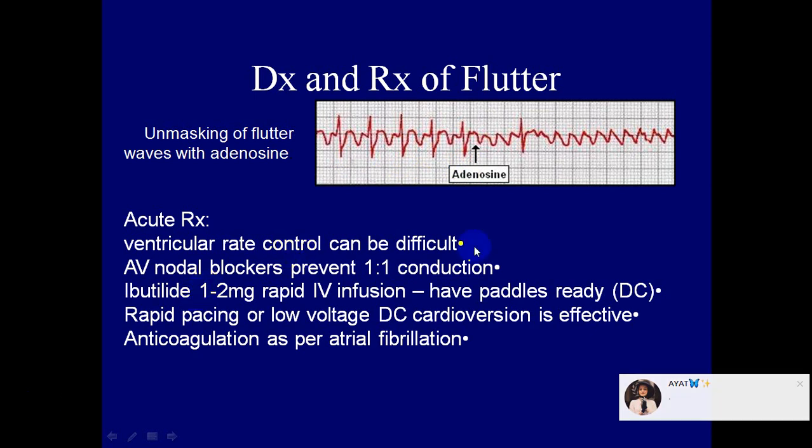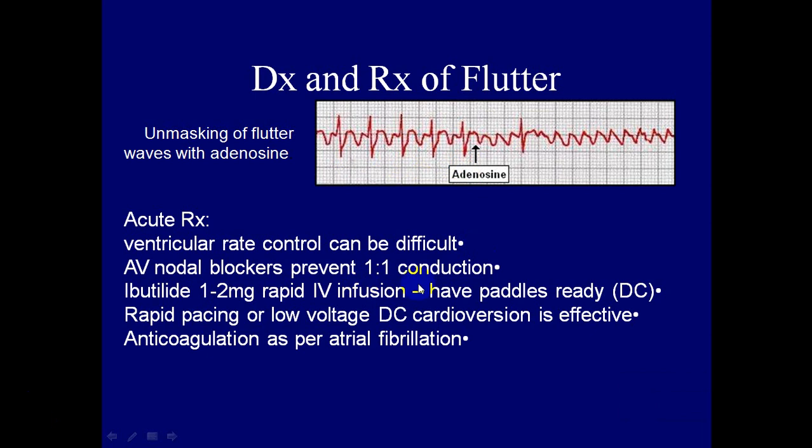Ventricular rate control can be difficult. An AV nodal block prevents one-to-one conduction. With a class 1 antiarrhythmic rapid infusion, have the paddle ready, DC ready sometimes, because it may propagate to a serious rhythm.